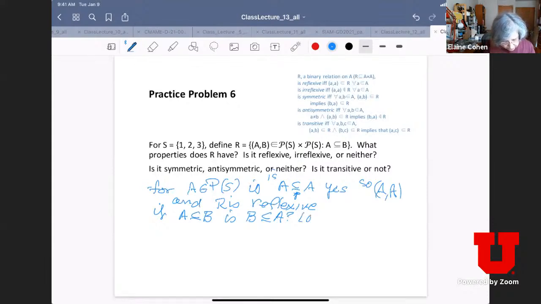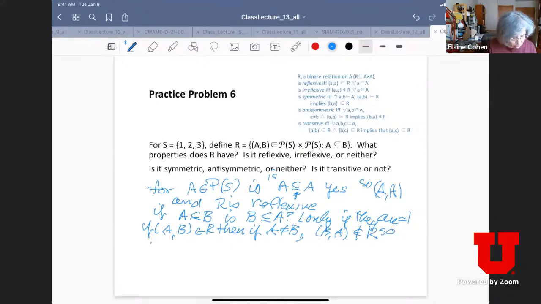So only if they are equal. Well, isn't that the definition of antisymmetric? So if (A, B) is in R, then if A is not equal to B, (B, A) is not in R, so R is antisymmetric. Are we good?